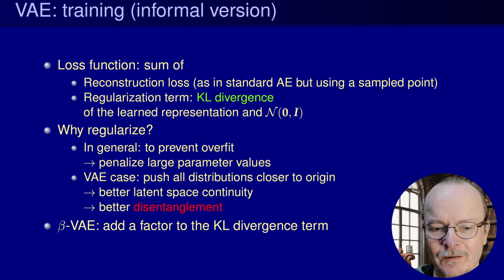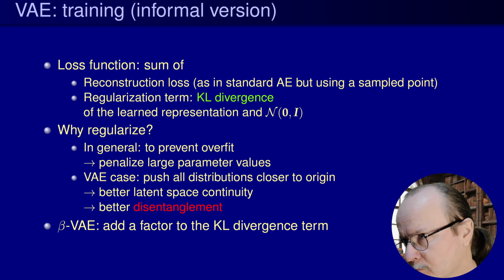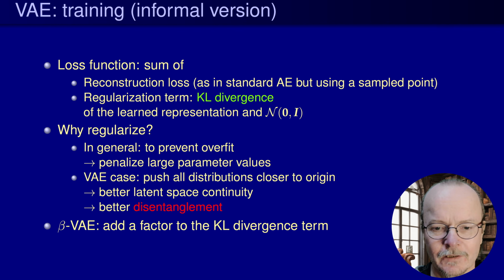Finally, it also encourages so-called disentanglement. A disentangled representation is such that each dimension in the latent space corresponds to a distinct independent factor of variation present in the data, like character pose or the direction of lighting.